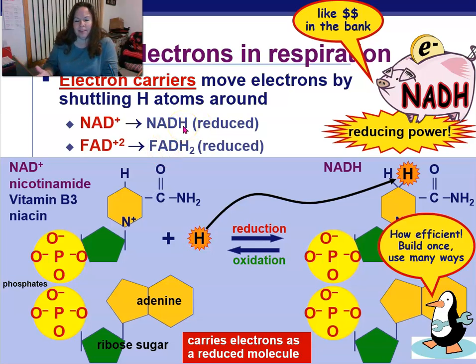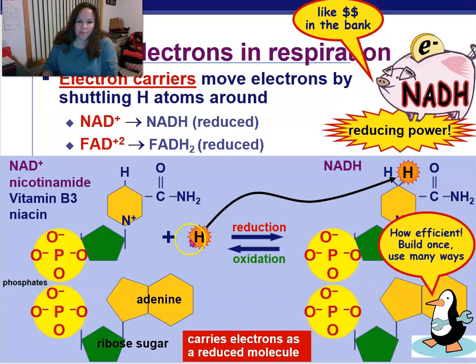which is why you really feel fatigued and tired when you're low on B vitamins, because then your making of ATP isn't going to be as efficient. You're not going to have enough carriers of hydrogens and electrons. So NAD, which is a B vitamin derivative, niacin, NAD grabs H's.